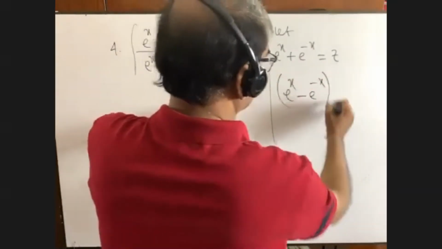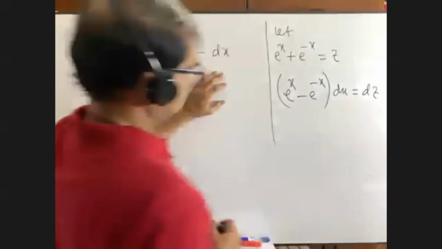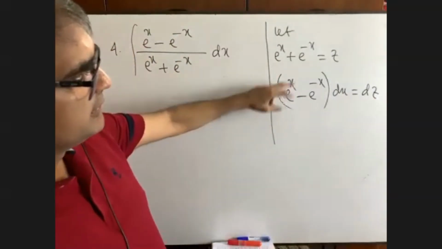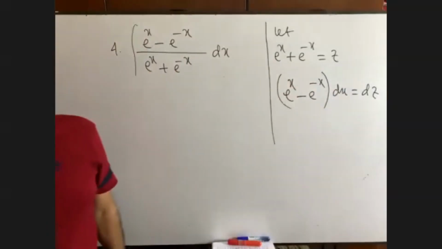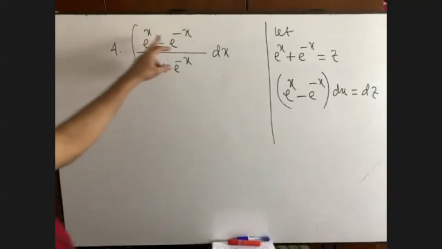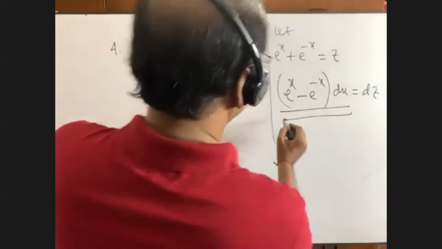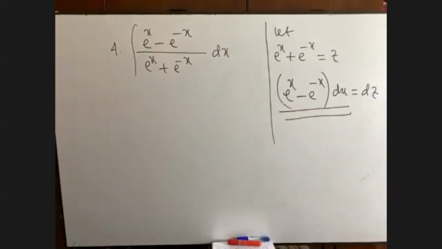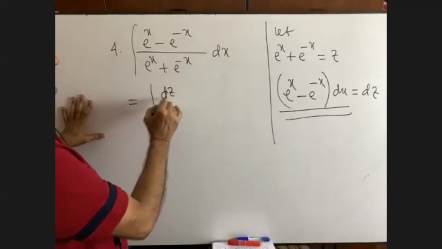Is it? dx is equal to dz. Here there will be dx, there will be dx. That dx has been taken common. As a result, you see we have got the numerator. What is here in the left hand side is the numerator in this question. So we can put the value here, that is dz by z.